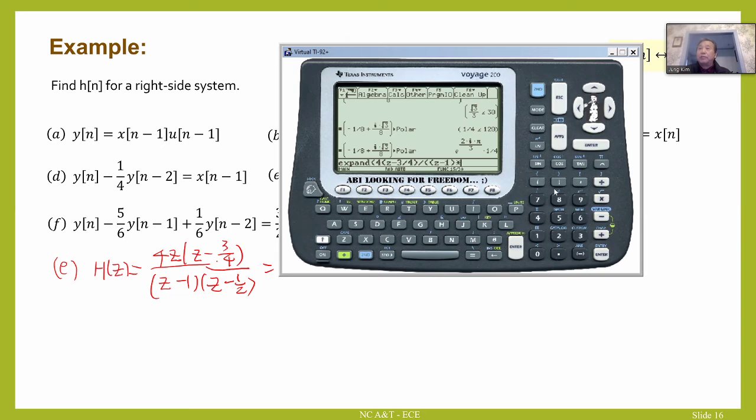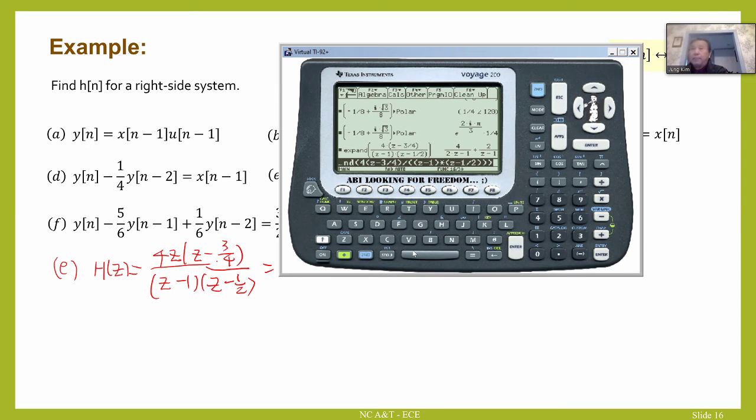You need to do a multiply, otherwise you have error. So z minus 1 over 2. The first parenthesis is the denominator part, and another parenthesis for expanding.